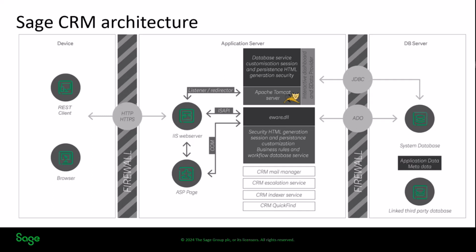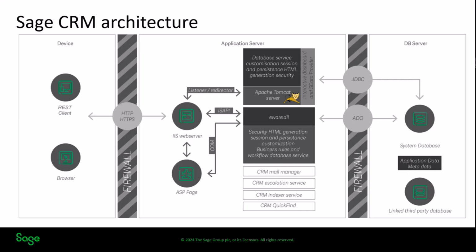If we think about Sage CRM, we know that Sage CRM is a browser-based application. Any of the screens that we're seeing within CRM are as a result of an HTTP request that the web server has responded to with HTML that has been returned and is then interpreted within the browser.